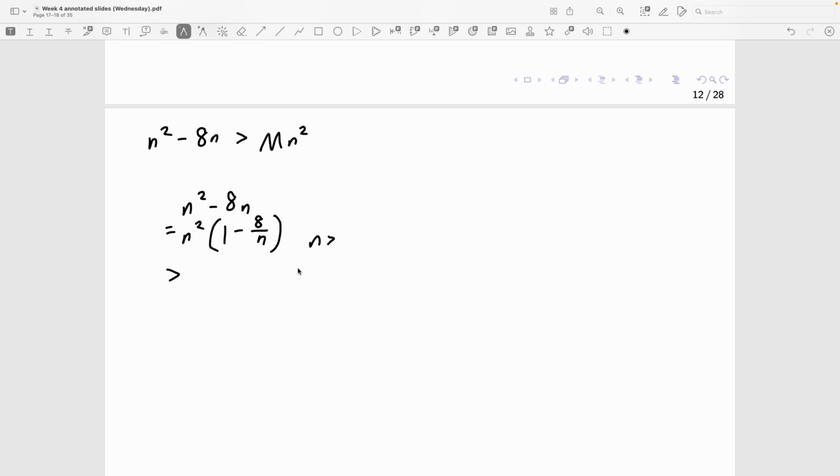So now if I suppose that n is greater than 16, then that whole thing gives me a simplified expression with n squared in it.